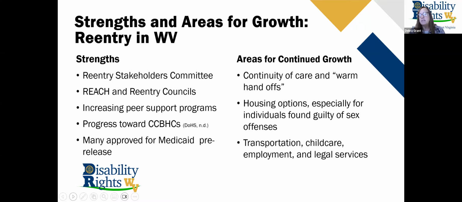Another important thing is facilitating reunification with family members when that's appropriate. That really helps people have connection and a sense of belonging and community that can help them do better. So looking more specifically at how we are doing in West Virginia.